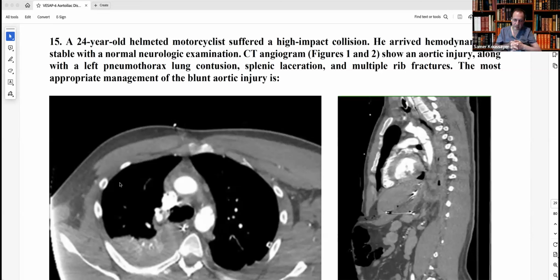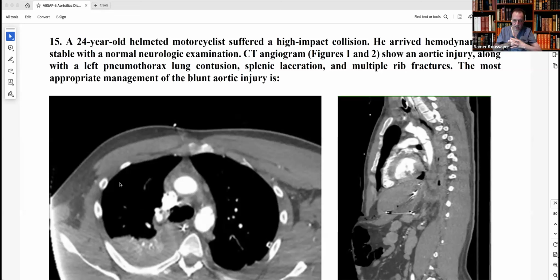The other problem is that when you have a concomitant central nervous system injury, then they like to keep the blood pressure high to get blood flow to the brain. And you don't want to give high blood pressure to a patient with a transection of the aorta.